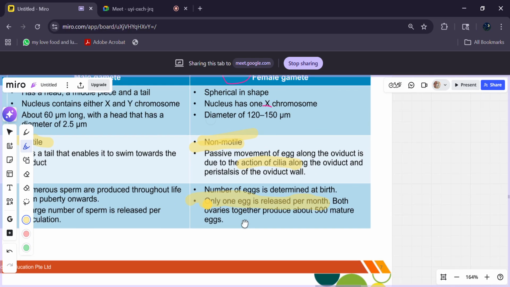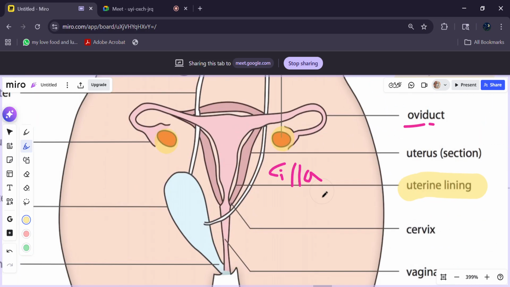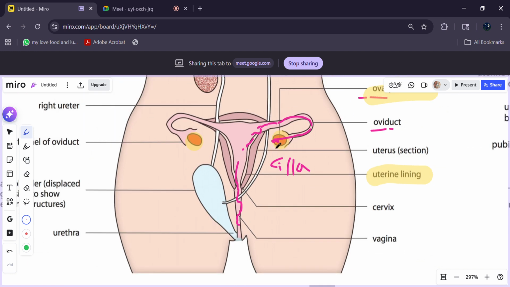So let me quickly go back to this part and explain how fertilization and sexual intercourse occur. Now, when the sperm cells arrive here, they travel through the oviduct to arrive at the ovary. From there, a sperm penetrates the ovum, which is the female gamete, to produce a zygote.